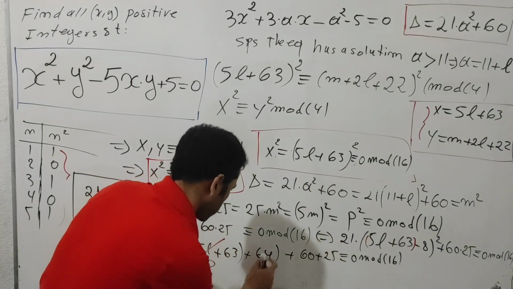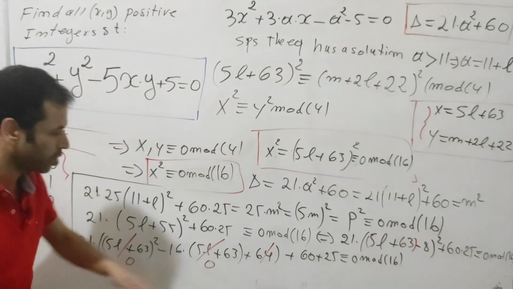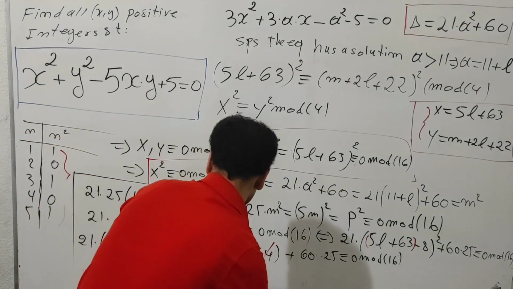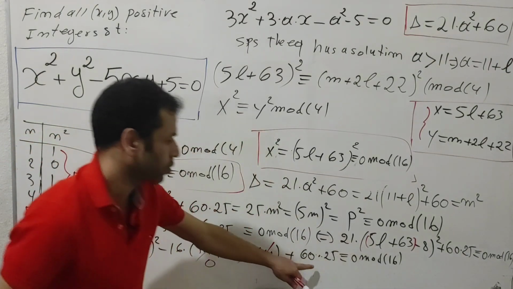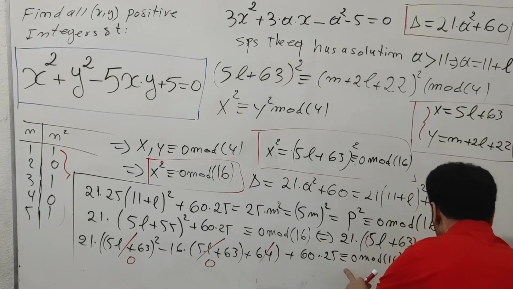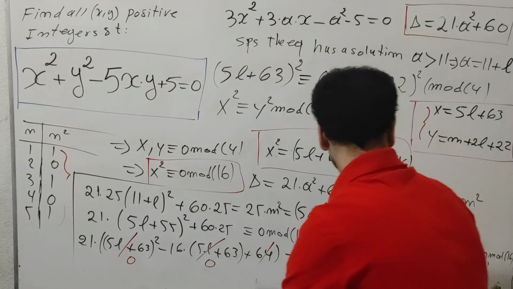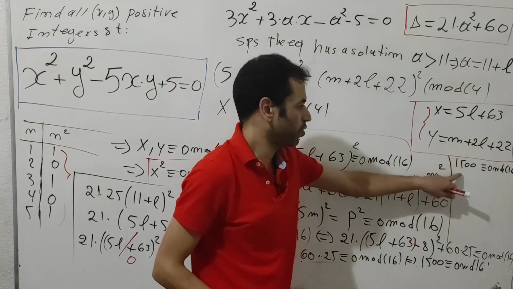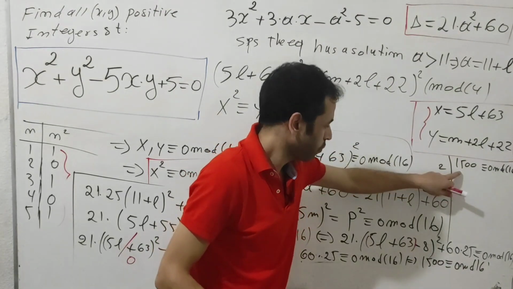This one, 64, is 0 because 16 divides 64. I will be left only with this term. I have 60 multiplied by 25, which gives 1500, congruent to 0 mod 16.